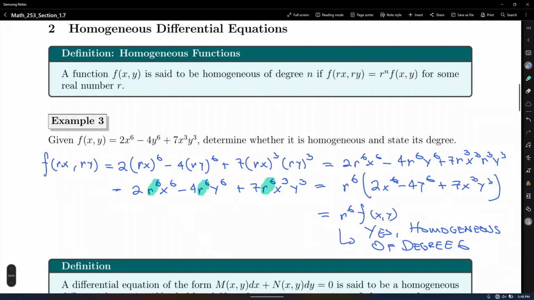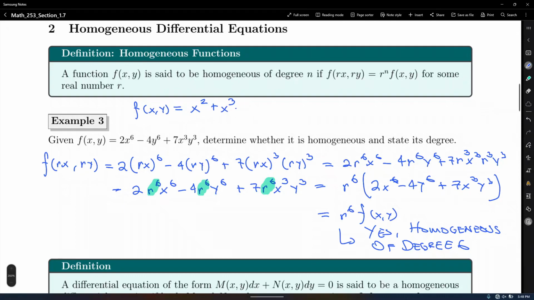For instance, let me give you another example at the top of this exercise, like f of x y equals x squared plus x cubed, for instance. All right? I should have typed that example to show you an example of what is homogeneous and an example of what is not homogeneous.